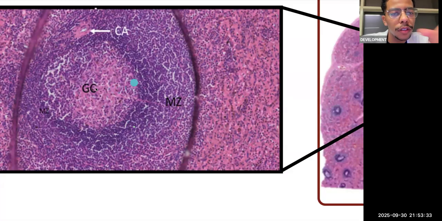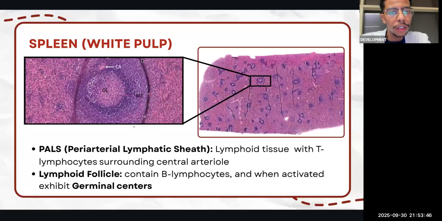So if they point towards this part here, this is your germinal center, and they'll ask which type of cells are found here: B lymphocytes. If they point here, this is the lymphoid follicle. No, this is your PALS, sorry. The periarterial lymphatic sheath has T lymphocytes. And in the middle we have the lymphoid follicle, which has the germinal center.